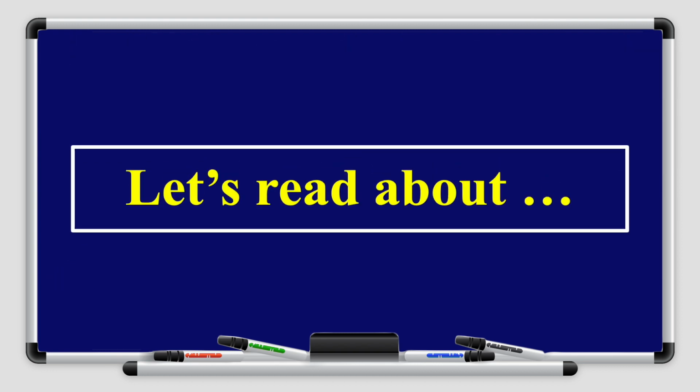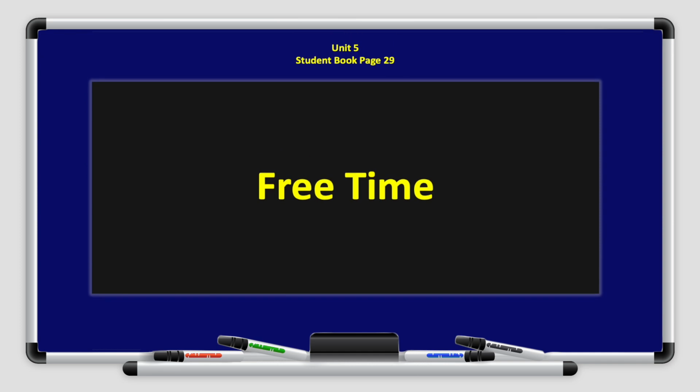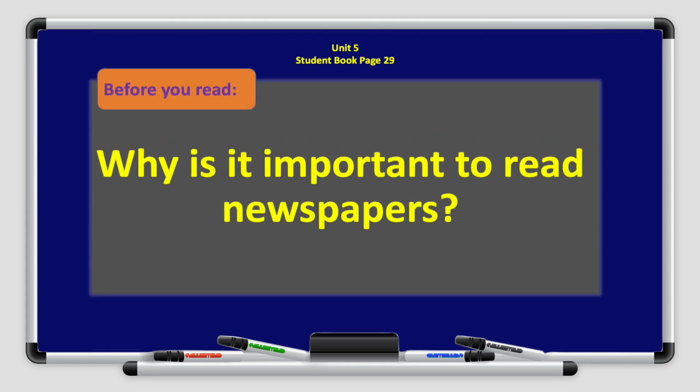So let's read about free time. Student's book, page 29. As I mentioned, let's read the questions first. Why is it important to read newspapers? So prepare your pens and notebooks and pay attention because we're going to underline the answers.